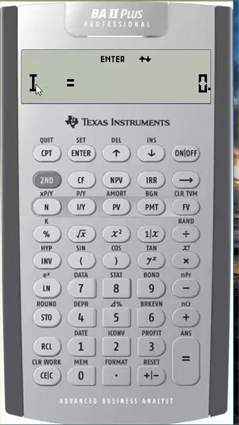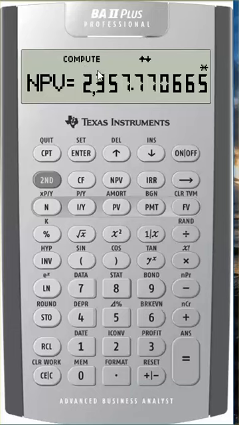When you see I here under net present value, it's really our weighted average cost of capital, and that is 8%. 8, enter. Scroll down, and it's asking for the net present value, so we compute. CPT, and we are given the net present value of $2,357.77.